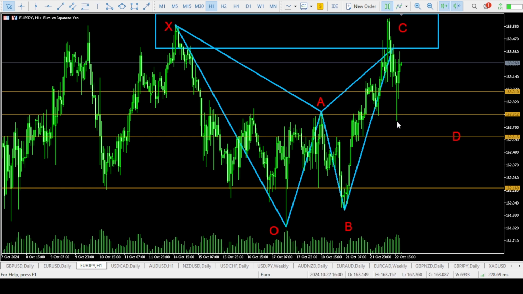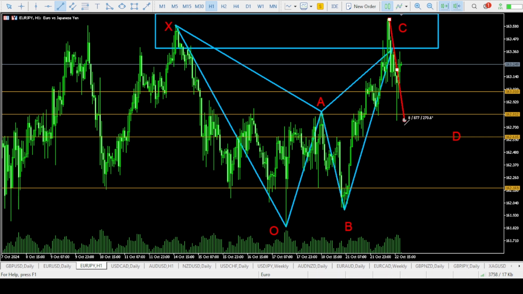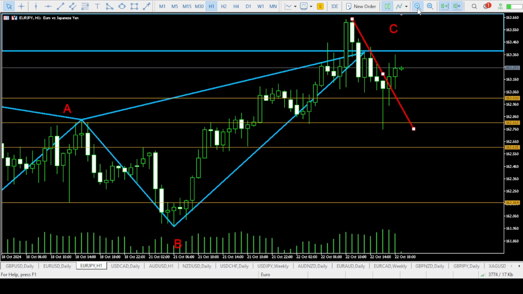After that, there was this huge pullback, and you can see, earlier I made mention of this trend line, that once a candle closes above it, there is no need for you to be in that trade. Let me zoom in so that you can see. So you can see clearly here, once a candle closes above this, you have no business being in that trade any longer.